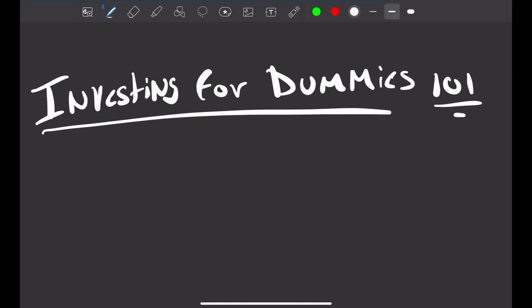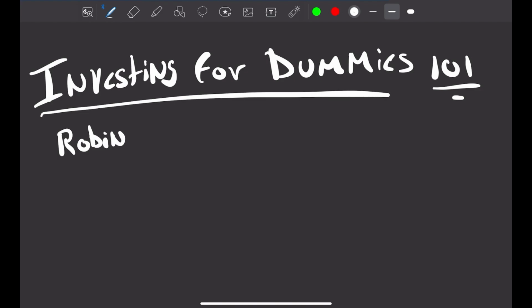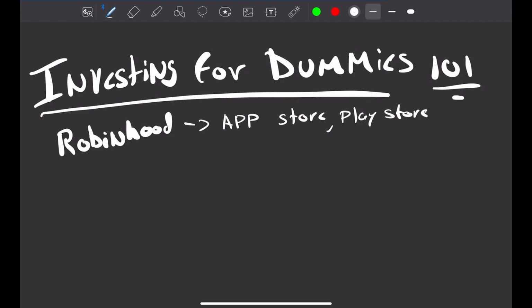If you're new and you don't know anything about the stock market, I first recommend downloading Robinhood, right here. It's an app. You can find it in the App Store or maybe the Play Store too. 1 second, guys, I'm just writing this down.